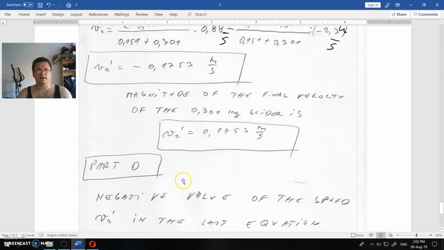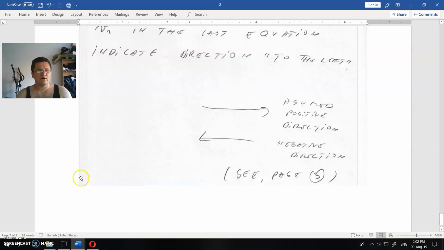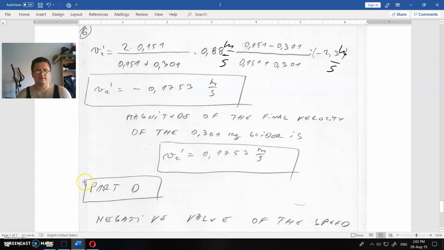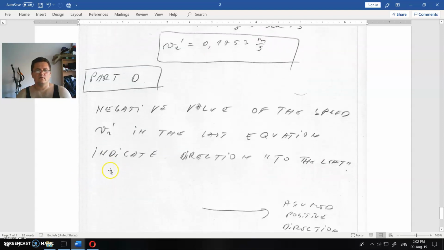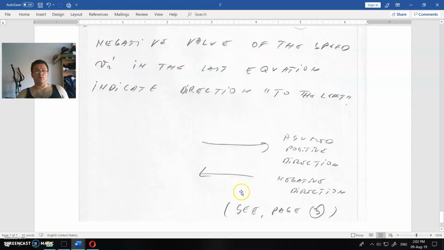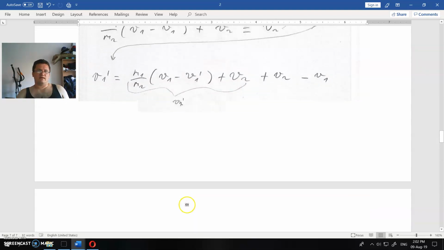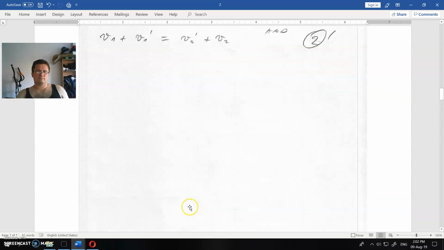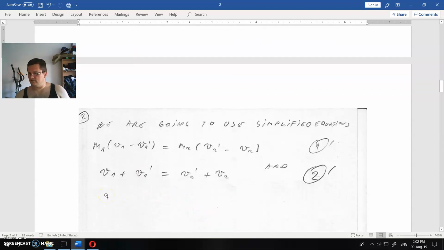Okay, now let us test this. Is this right or not? Okay, let us see what v2 prime is. Okay, I don't have enough time. There's a 15 minute limit to the videos, so you could put all of these equations back into these two and just test it.